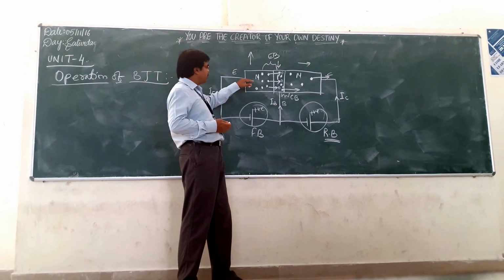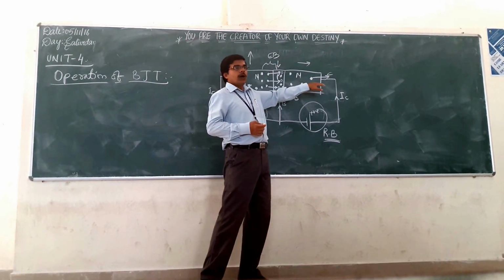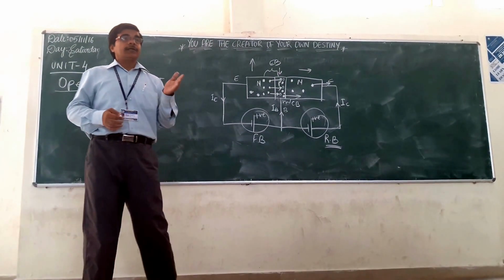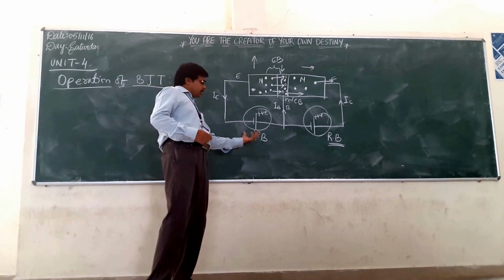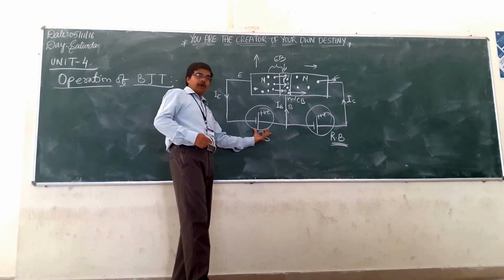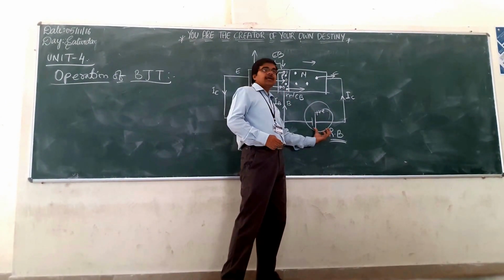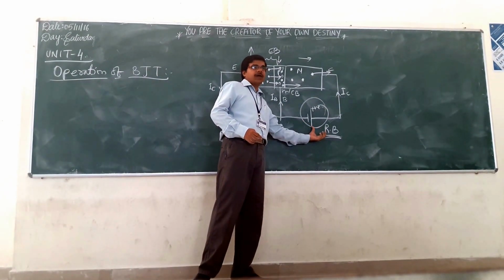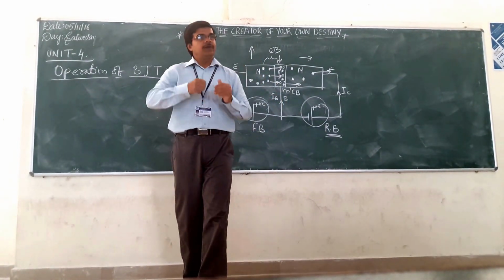So electrons are moving from emitter to collector, and they will move from emitter to collector only when we are keeping the emitter base junction in forward bias and the collector base junction in reverse bias. If we are keeping this forward bias and this reverse bias, then only the flow will be there.